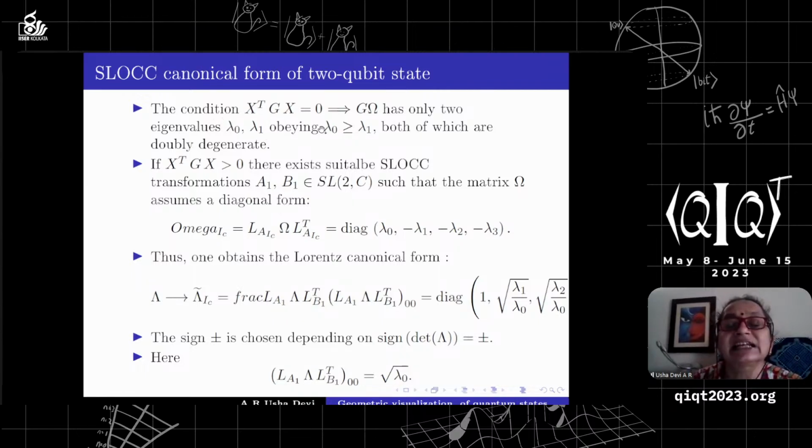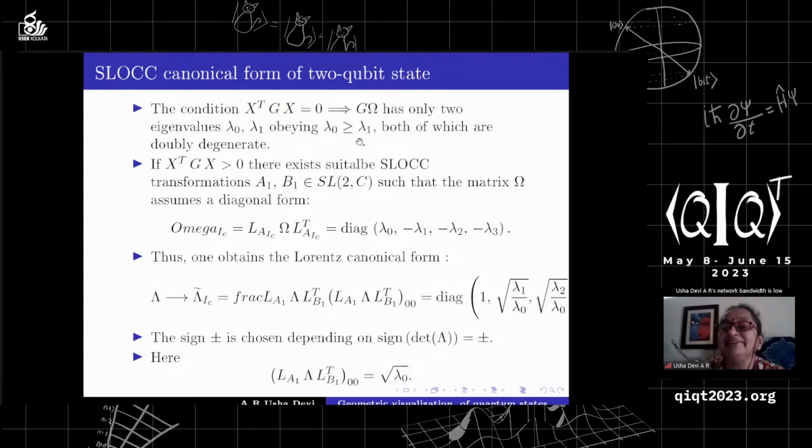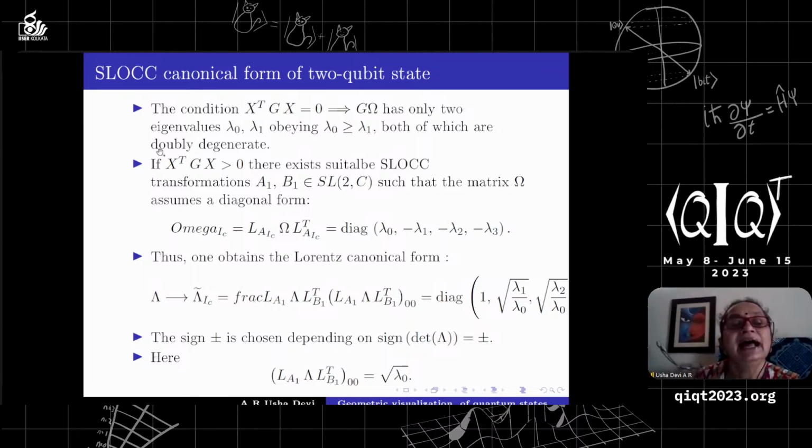Whenever I find X transpose Gx is equal to 0, not all four eigenvalues of G omega are distinct. These are the structures that we notice. It is analytically very interesting. So there are only two, lambda naught and lambda 1. They obey the equation. The highest eigenvalue is lambda naught, and they are doubly degenerate. That is, I get two lambda naughts and two lambda 1s as the eigenvalues of G omega.